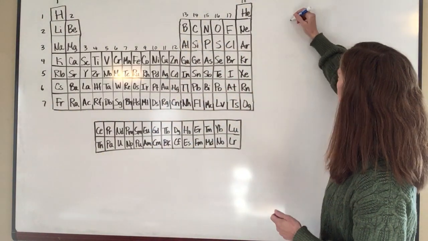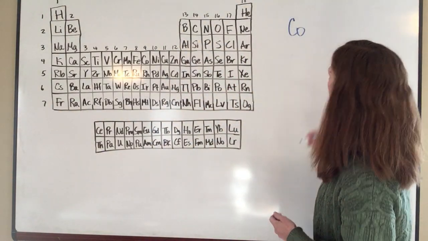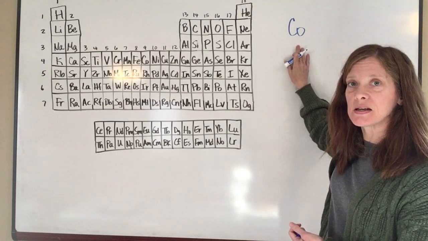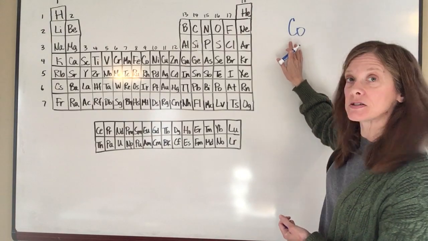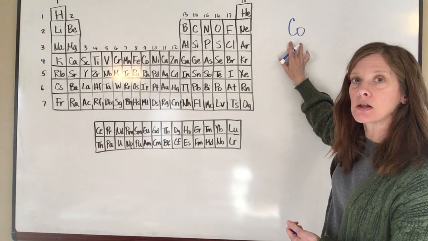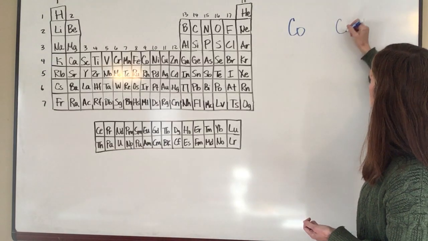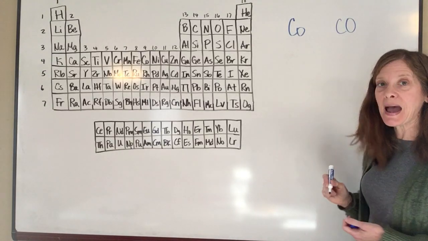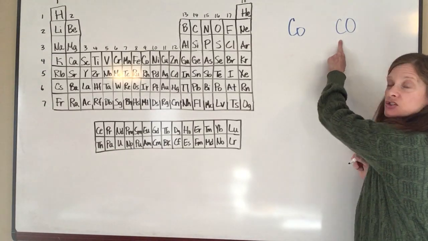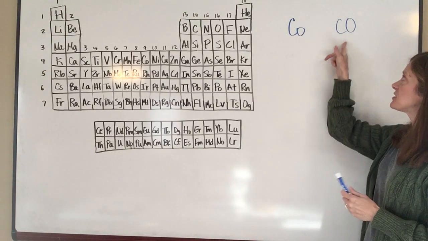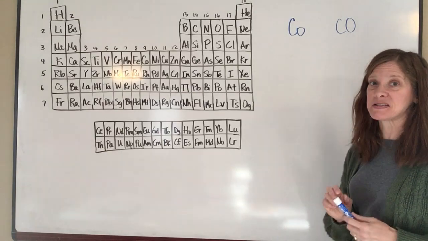If you look at an element like cobalt, cobalt is a metal, and the symbol for that is a capital C and a lowercase o. But if I make a capital C and a capital O, this stands for an atom of carbon and an atom of oxygen. And this compound is called carbon monoxide.